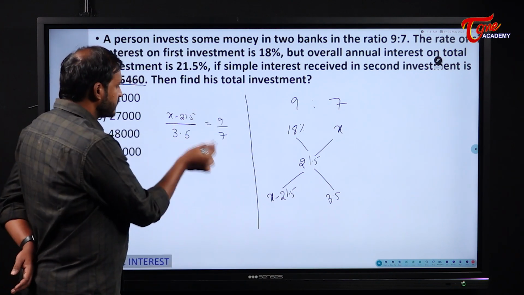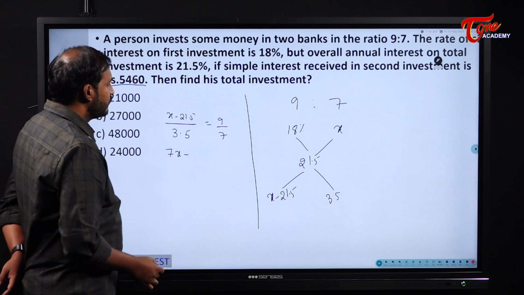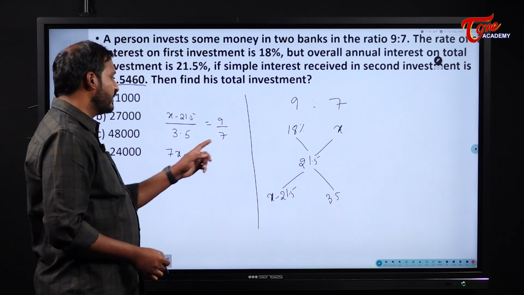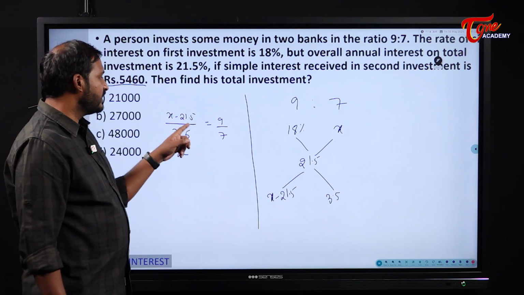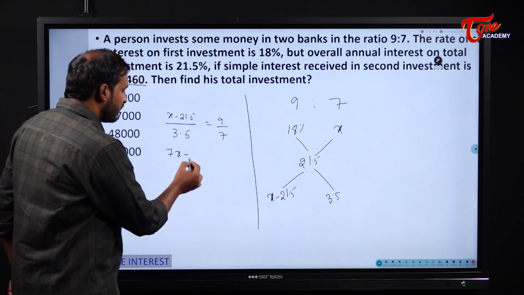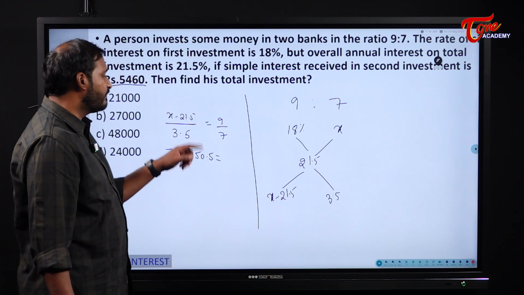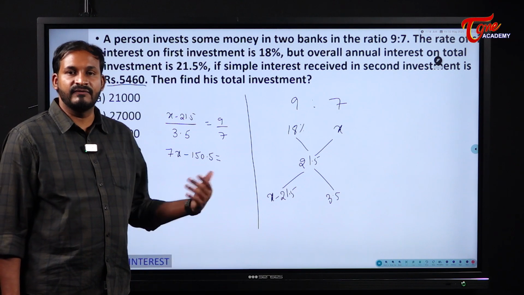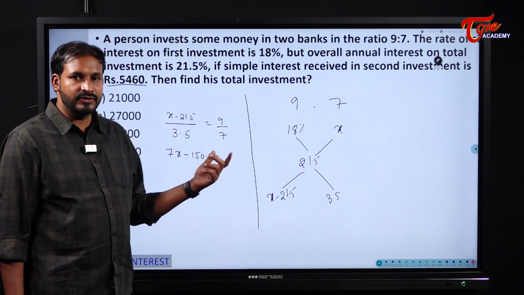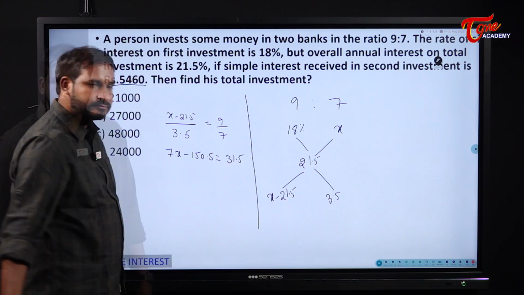Now cross multiply it, what will you get? 7X minus 21.5 into 7. 21 7s are 147 plus the half means 150.5. That is equal to 3.5 into 9. 3 9s are 27, and 0.5 into 9 is 4.5, so this becomes 31.5.